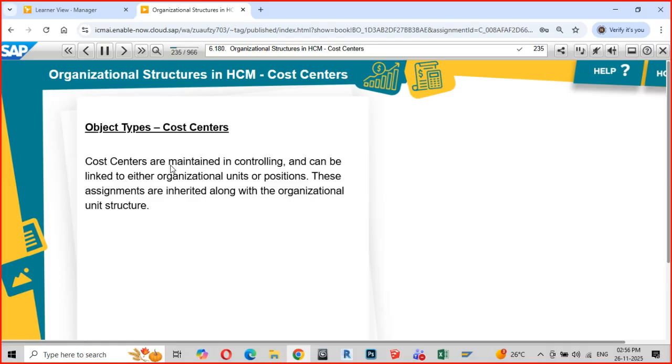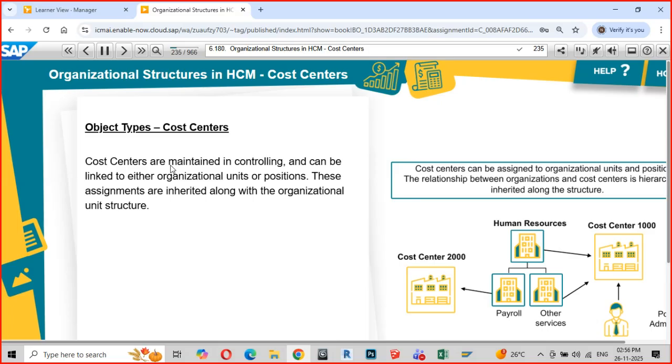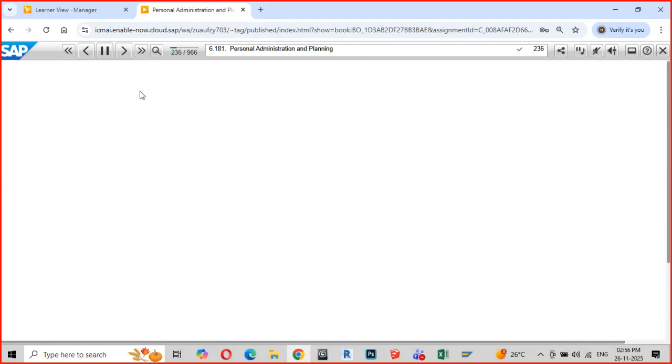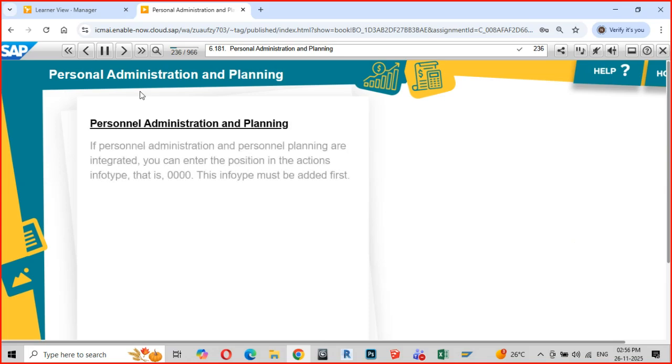So we already know what is a cost center. It is revolving around the same already known concepts. Clear, students? Info type.